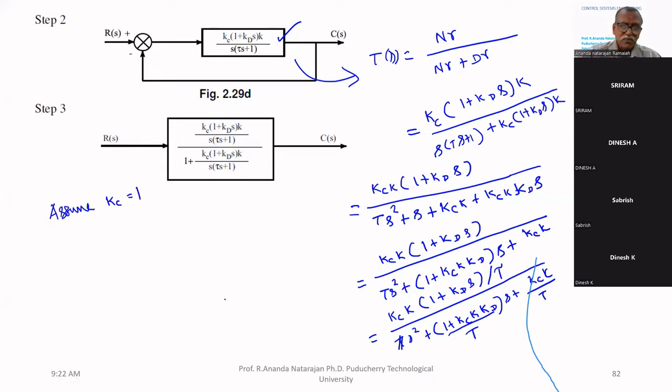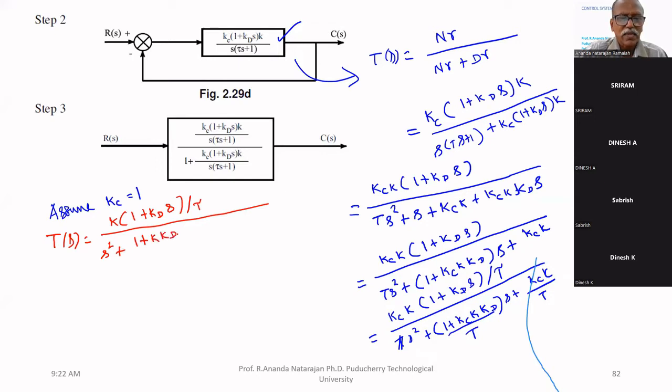Only derivative controller means the closed loop transfer function T(S) becomes K(1 + KD S) by tau upon S square plus (1 + K KD) by tau S plus K by tau, because Kc equal to 1.